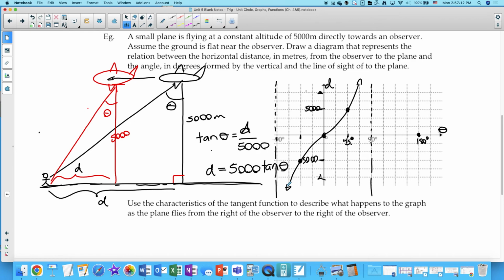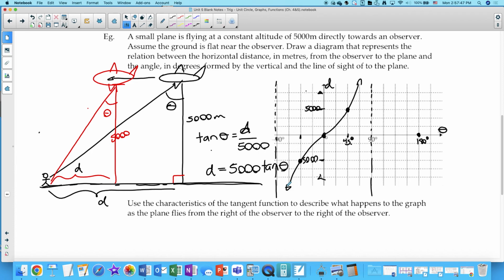Okay, now use characteristics of the tangent function to describe what happens to the graph as the plane flies from the right of the observer to the left of the observer, maybe?